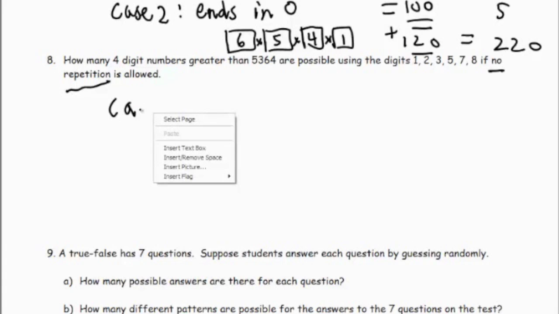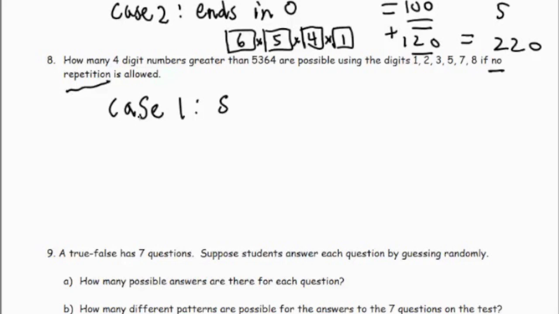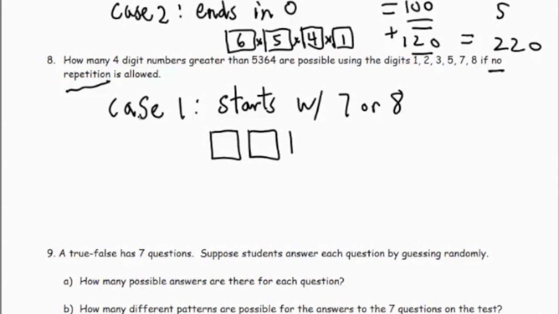But for case 1, the number starts with a 7 or 8. Doesn't matter what follows it. All numbers that start with 7 or 8 will be larger than 5,364.